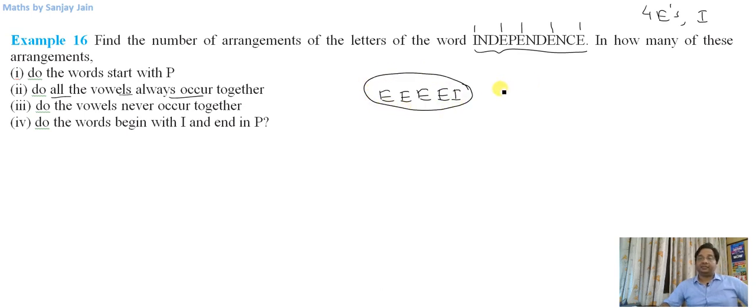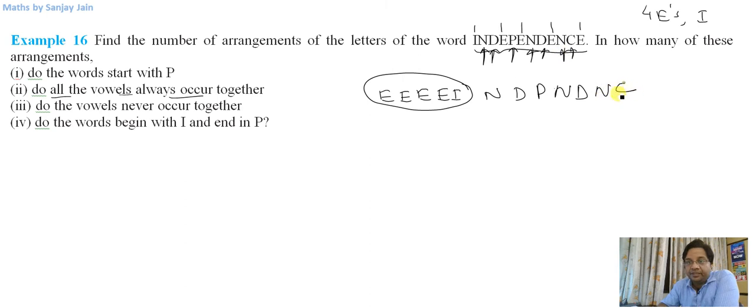And the rest 7 letters be N, D, P, N, D, N, C. So now I'll treat it as one unit, and the rest 7 as different 7 units. So I have total 8 units, so total 8 factorial arrangements should be there.